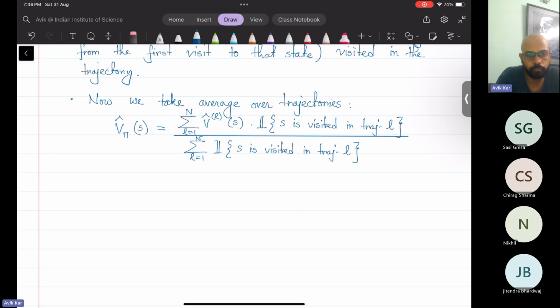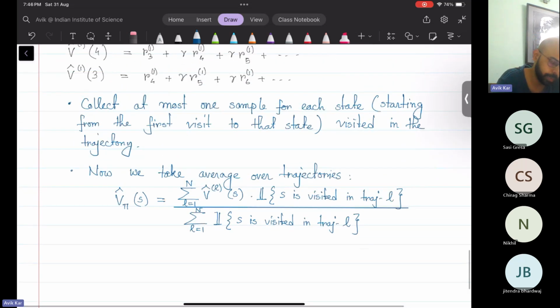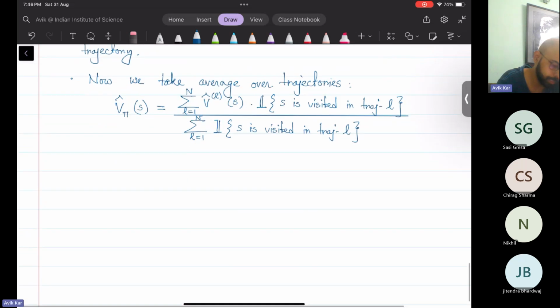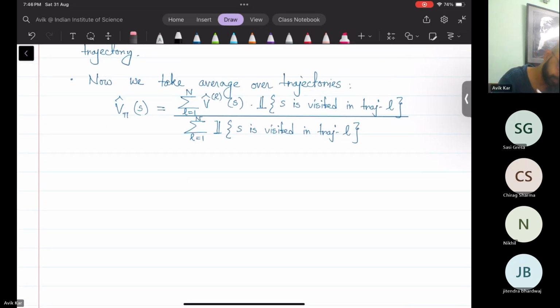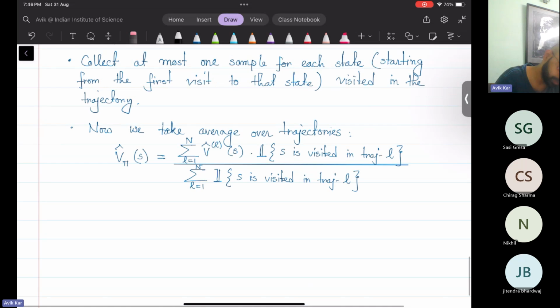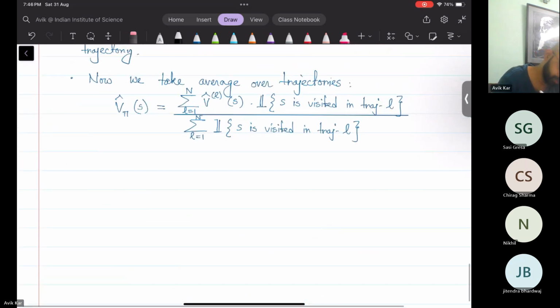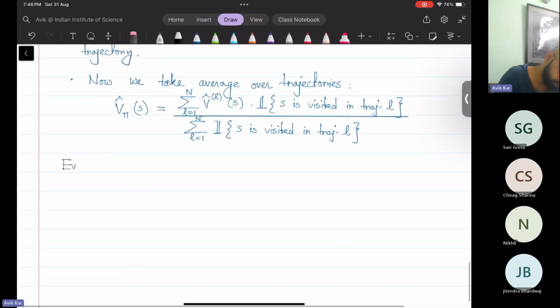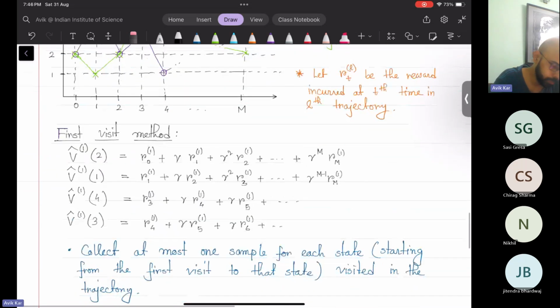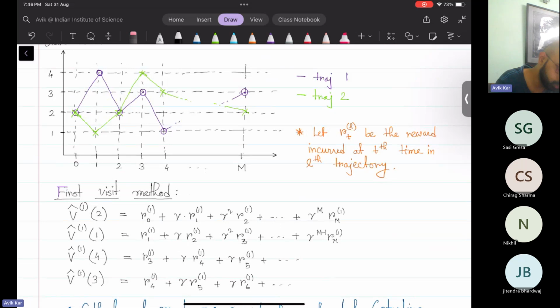Then there is another method, which is called the every visit method. What does that mean? Here we have visited this state twice.